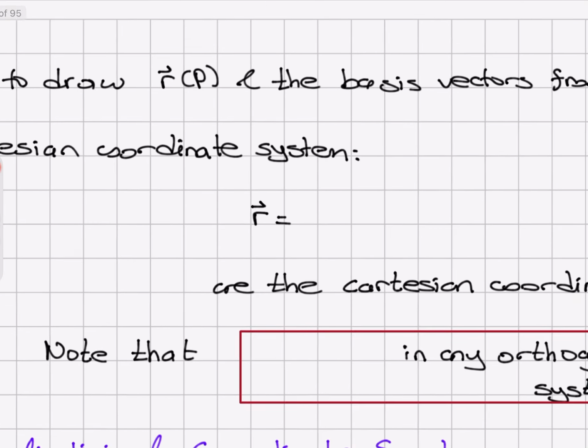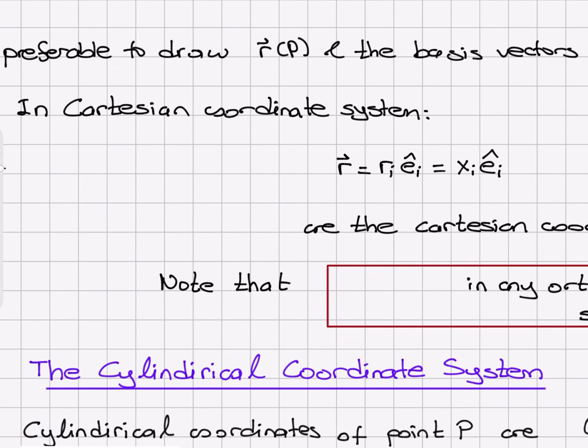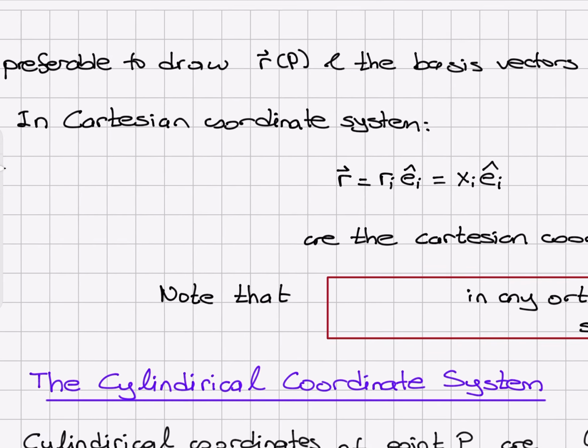Okay, so what is the position vector in the Cartesian coordinate system? It is Ri ei hat, or we can write it as xi ei hat. This is the position vector, where we have the component R1 on the first unit vector Ex hat is x1.